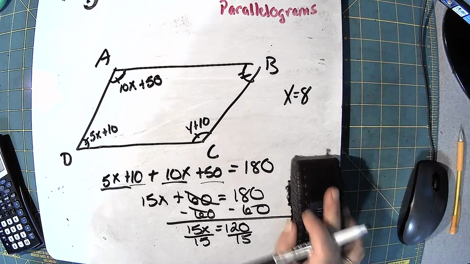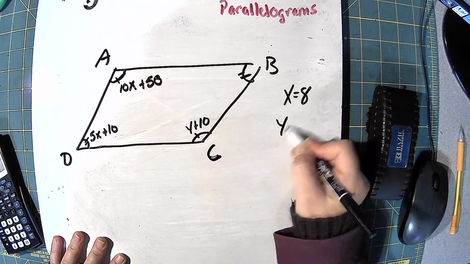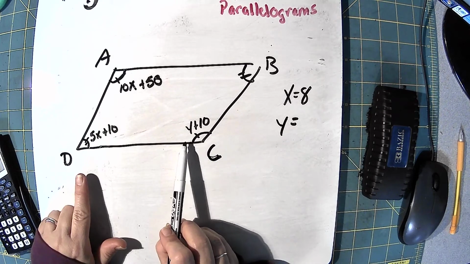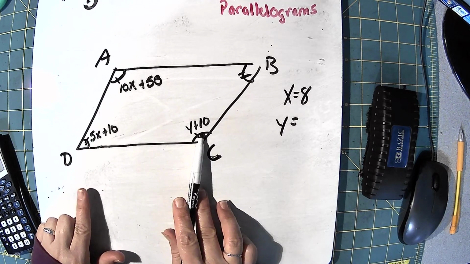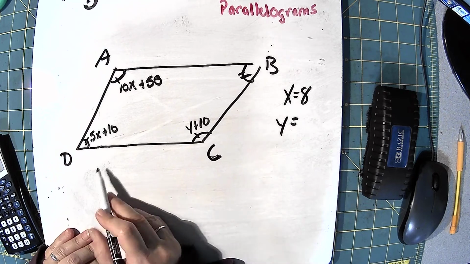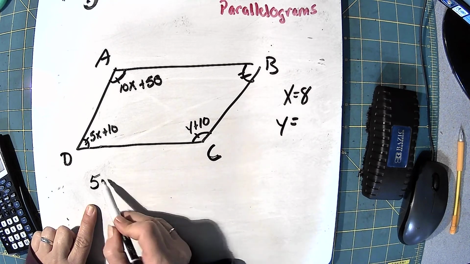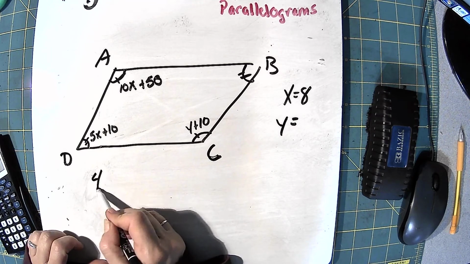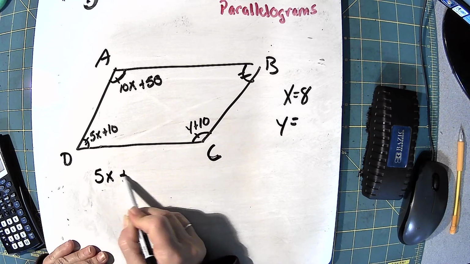All right. So now I have to try to figure out my y. And that is going to be because, let's see, I could do this one equals that one, or I could do this one plus this one equals 180, either way. I could say 5 times x, which is 8. 8 times 5 is 40. Here, let me write that out. 5x plus 10.